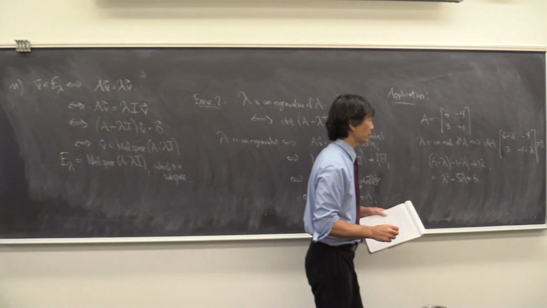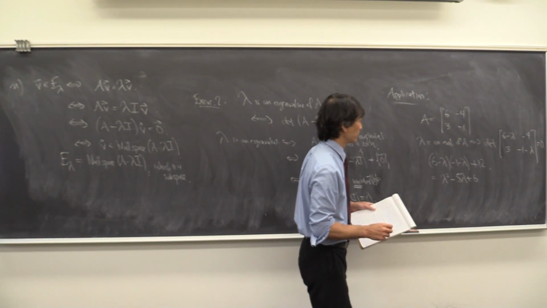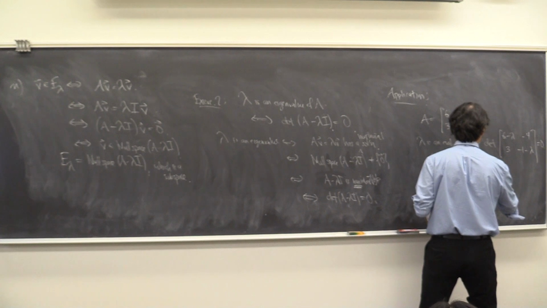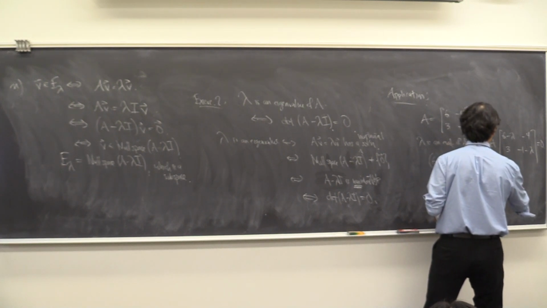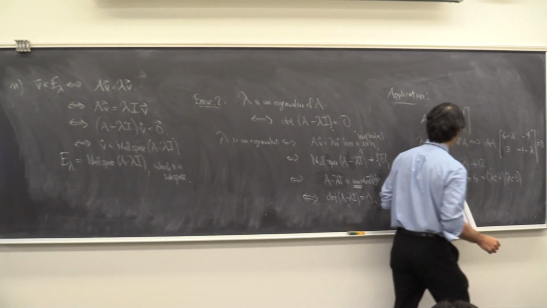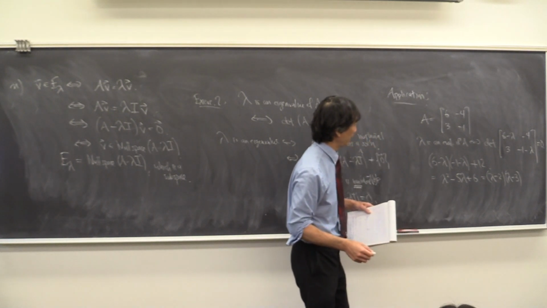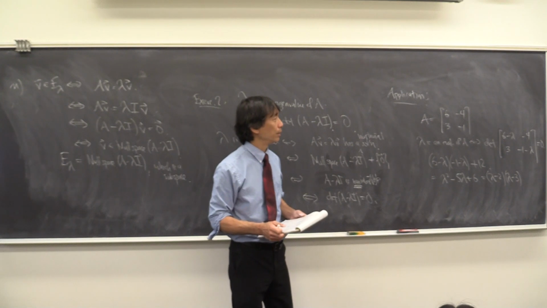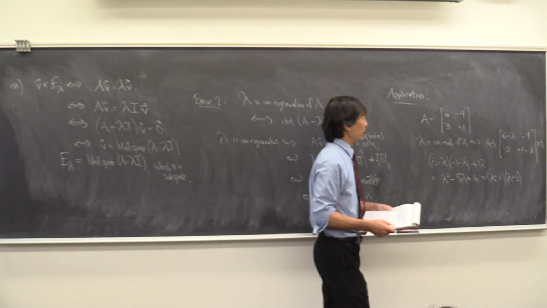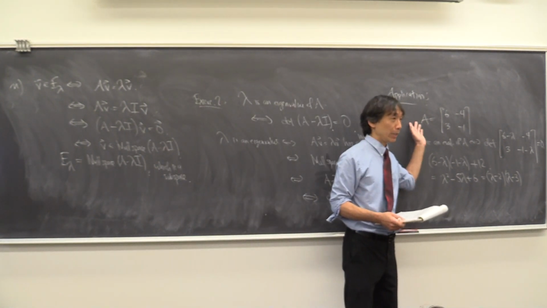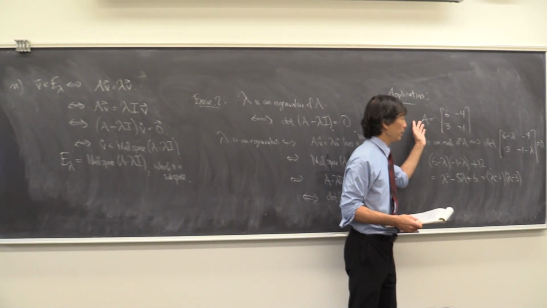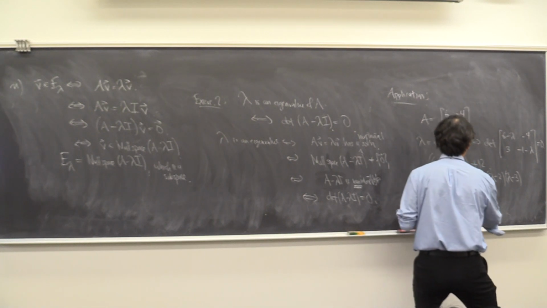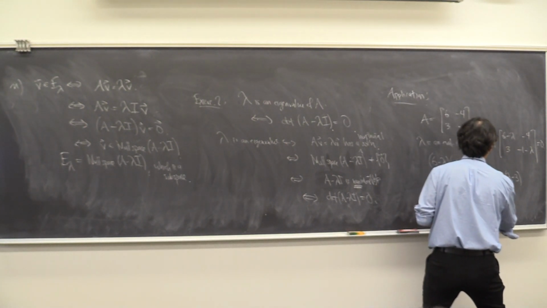If you factorize it, you get lambda minus 2 times lambda minus 3. So what are the eigenvalues of A? It's 2 and 3. 2 and 3 are the eigenvalues.